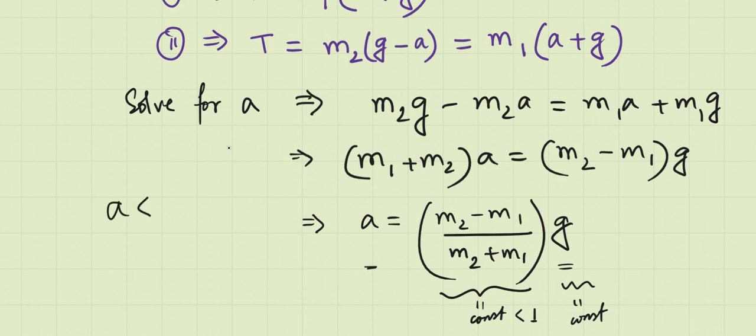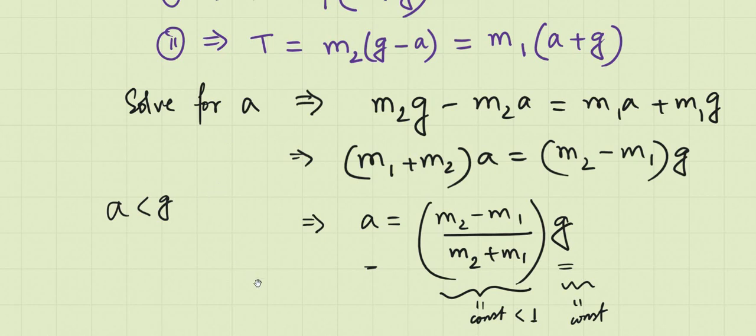So obviously a is less than g, and that is intuitive because you are constraining the system and redirecting acceleration, and of course because of the pulley, m1g and m2g are kind of working against each other, so you're reducing the acceleration.